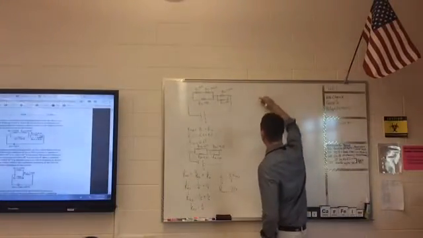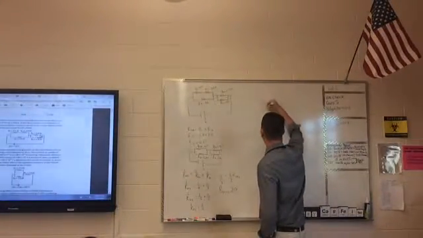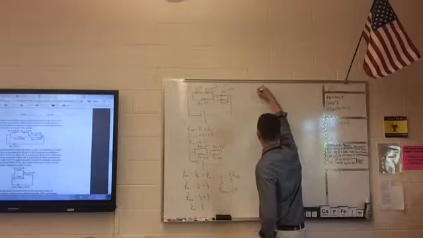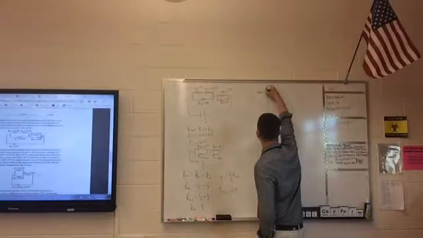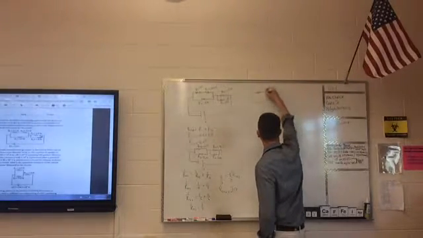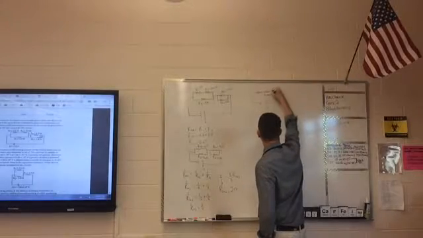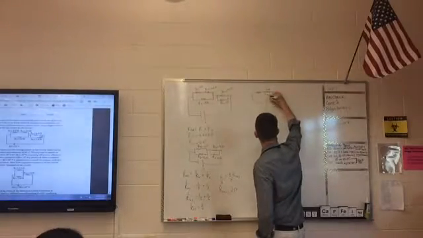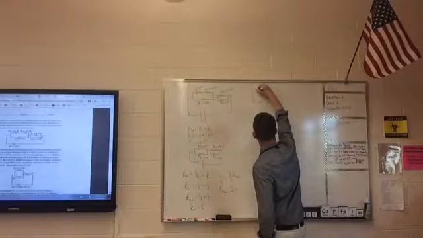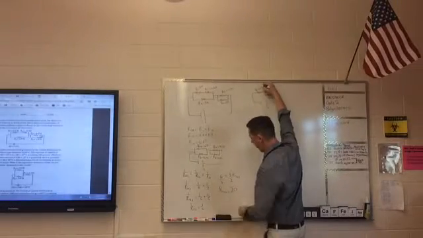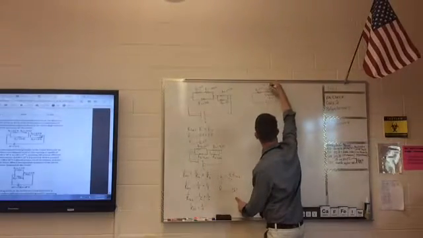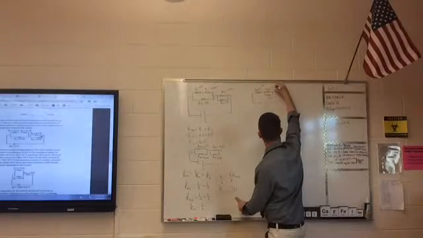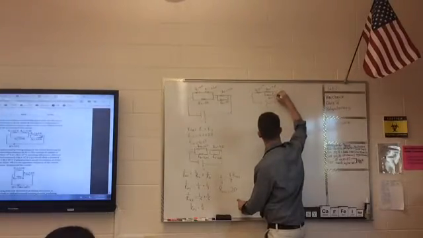We've simplified it to the point where we have a circuit that looks like this. This is R4, this is R5, and this is R123, which we now know is 2 ohms. This is 4 ohms again, and this is 1 ohm, okay?